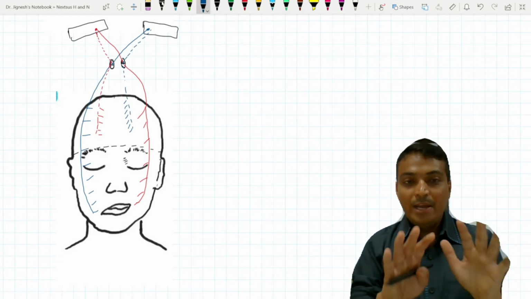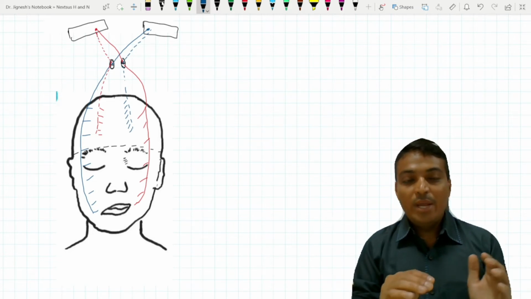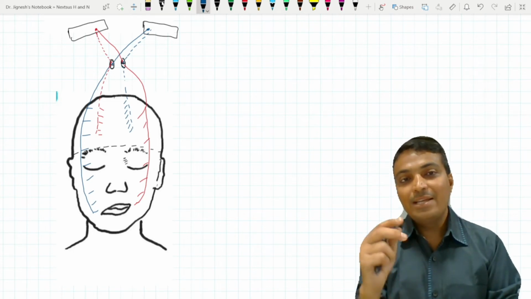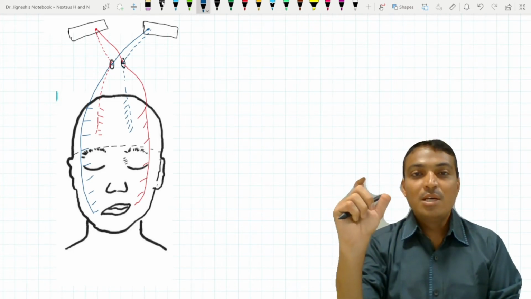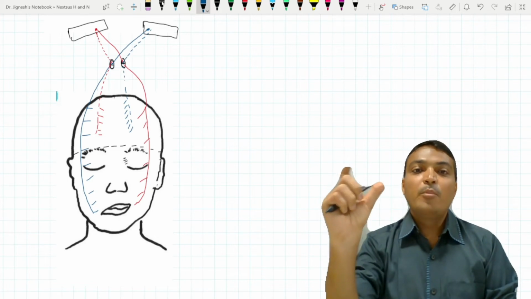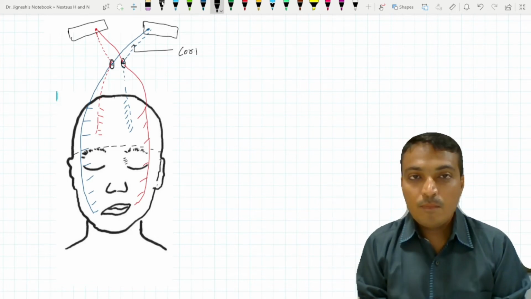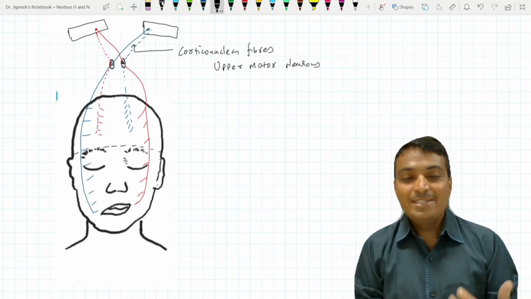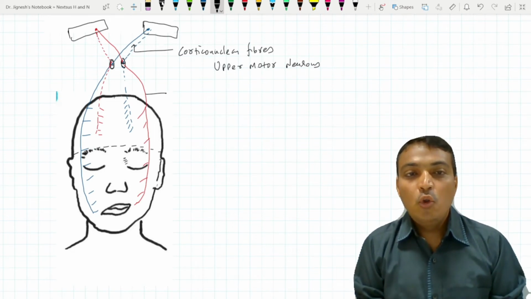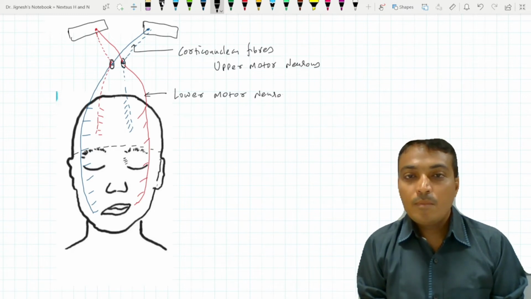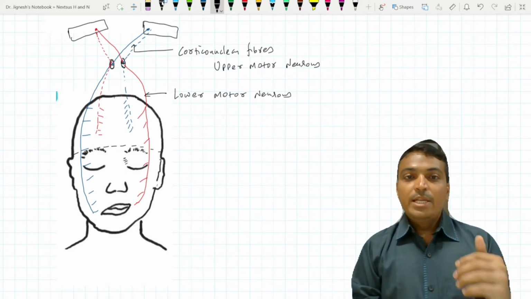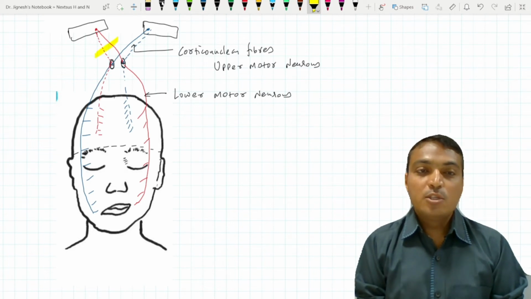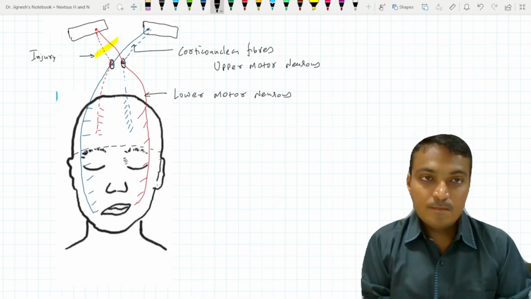Now, after having this much information, we can move on to the facial palsies. Along with that, we can understand that these corticonuclear fibers are called the upper motor neuron, while the infranuclear fibers of the facial nerve carry the lower motor neuron. So if the injury to the corticonuclear fiber is somewhere here, that is called a supranuclear palsy.